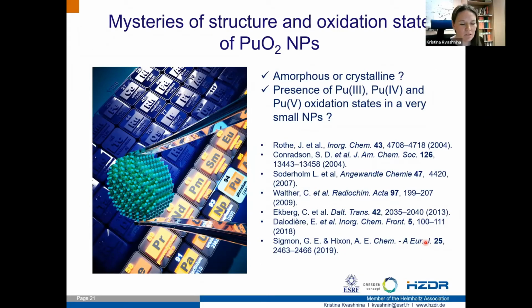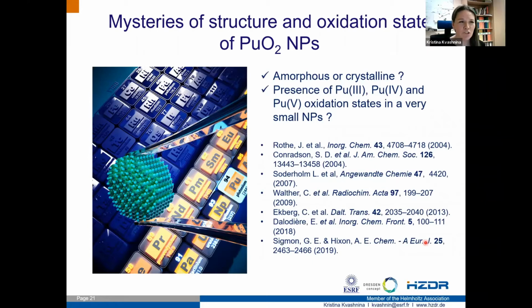I would say the two most debated questions for the moment are, first, the structure of those nanoparticles: are they amorphous or crystalline? And the second question is the presence of different oxidation states. When we started these studies, I was really surprised, reading the literature, to see that people claim different results.